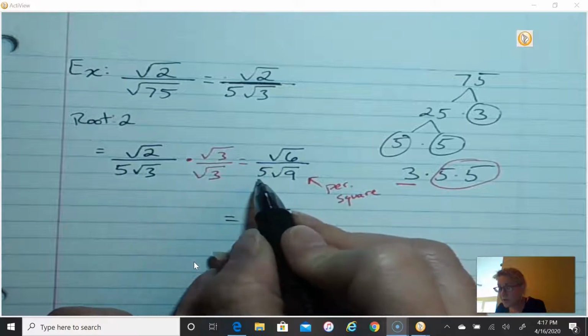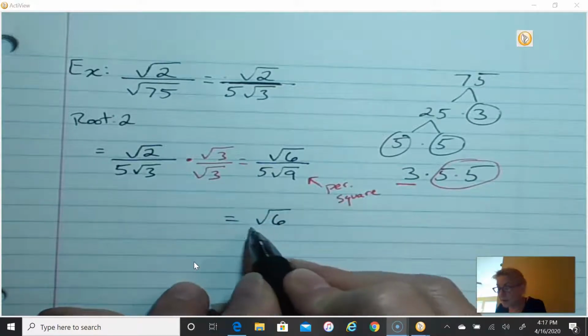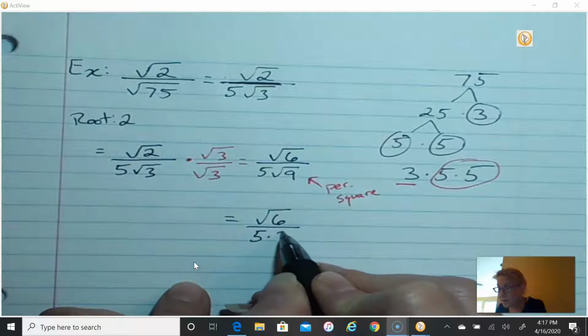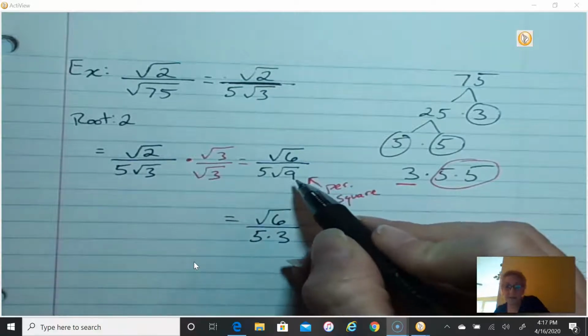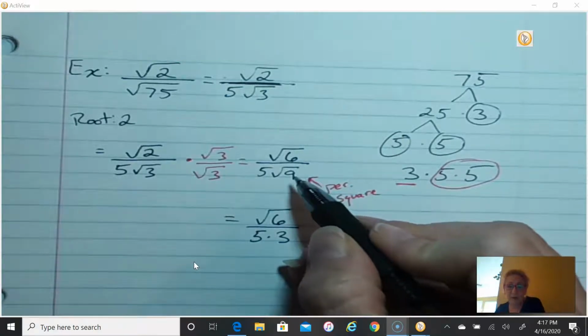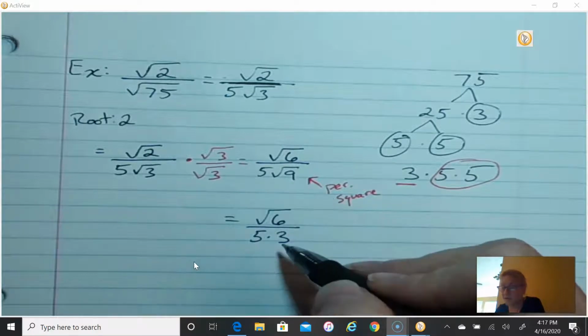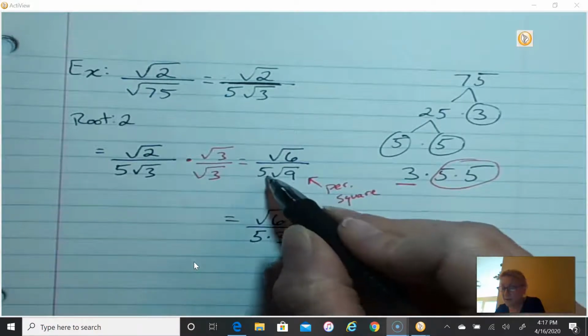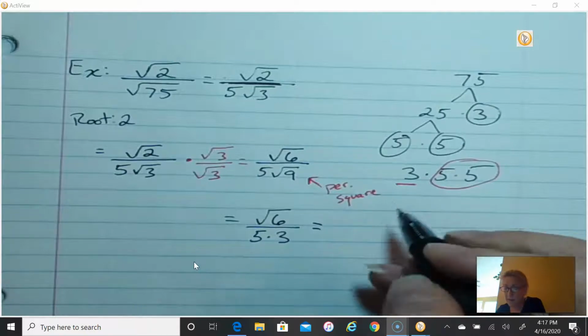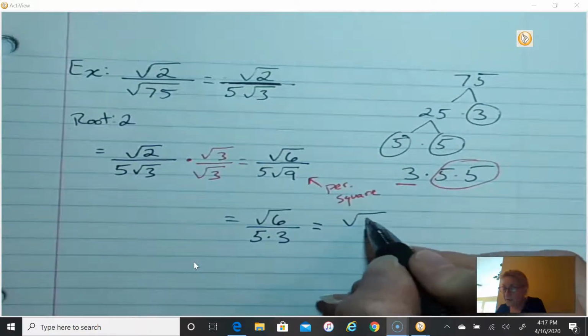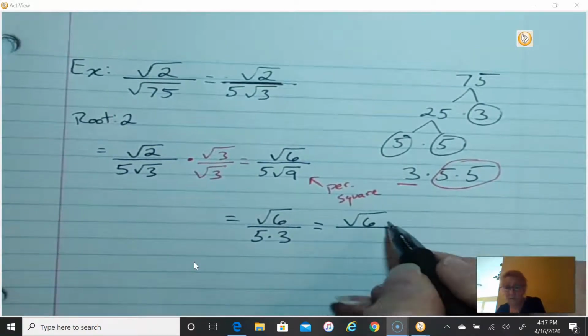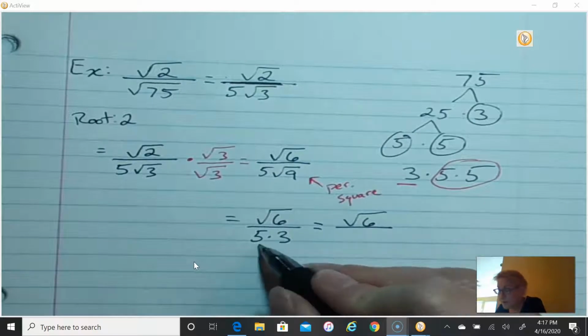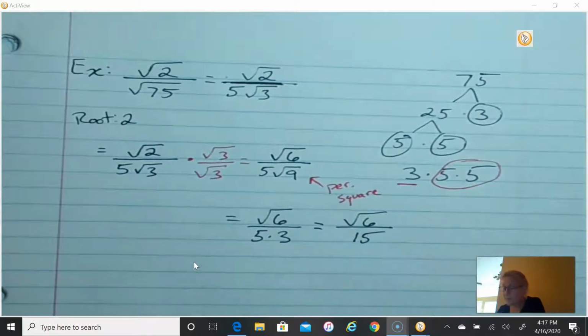And what is 5 doing? It's 5 times the square root of 9. So that is 5 times 3, because that 9 is a perfect square. So the square root of 9 is 3. See how I'm multiplying that 5 times that? You get radical 6, or the square root of 6, if you want to call it that. 5 times 3 is 15.